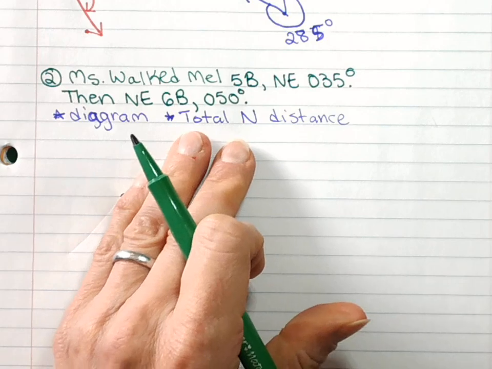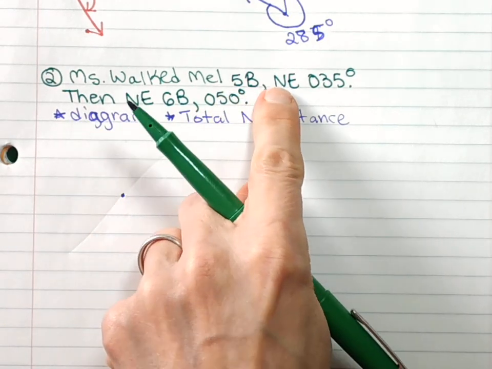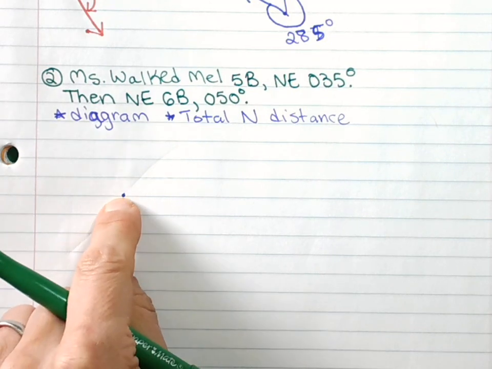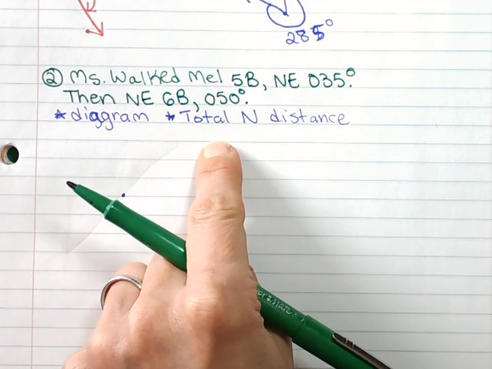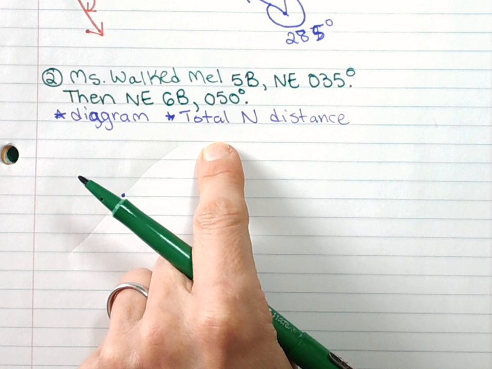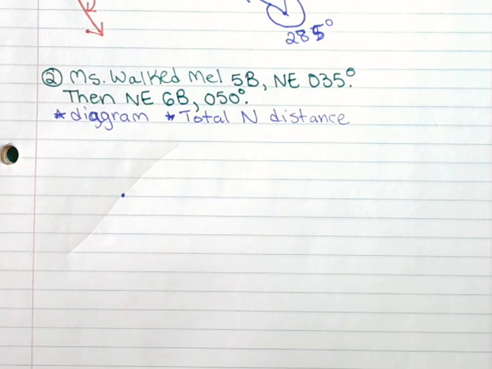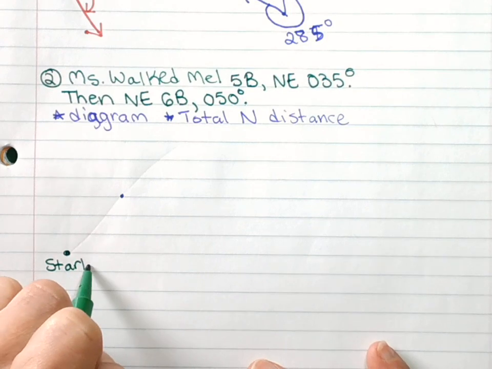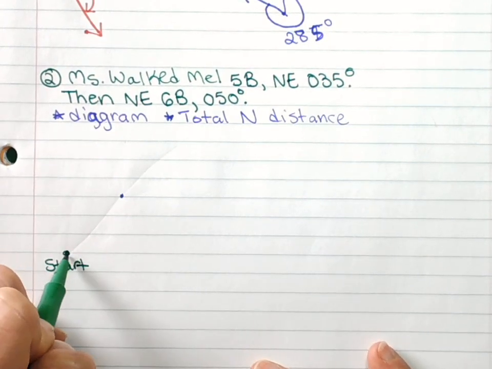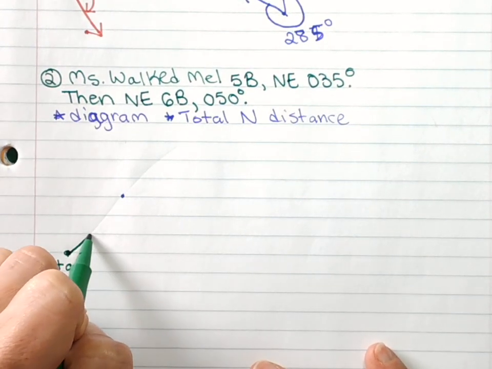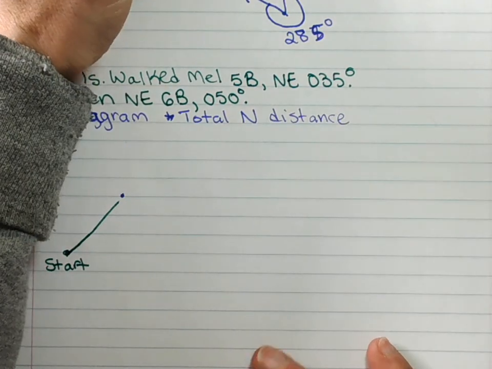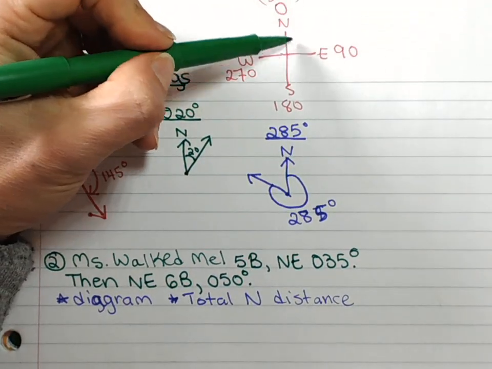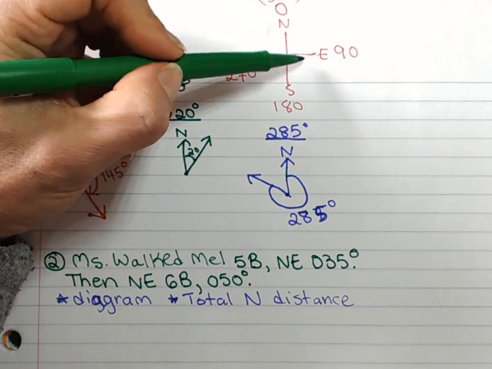Now, I'm going to leave some space because I know that if I start at my center, I'm going to go northeast, and then I'm going to go northeast again in a slightly different direction. So here's where I'm going to start. And this first distance is somewhere between, going back to our diagram up here, somewhere between 0 and 90.